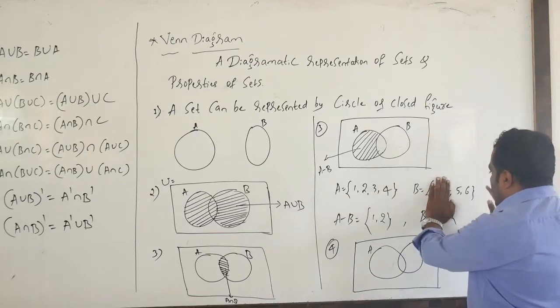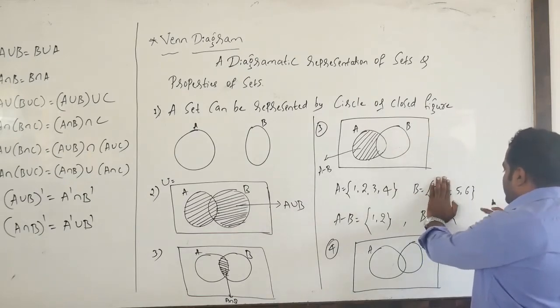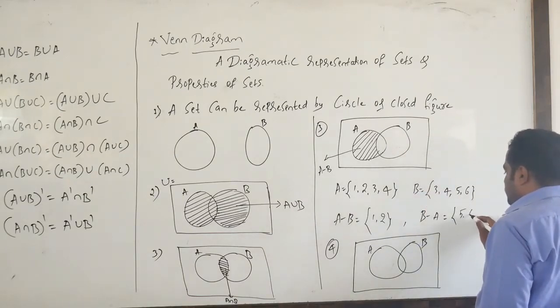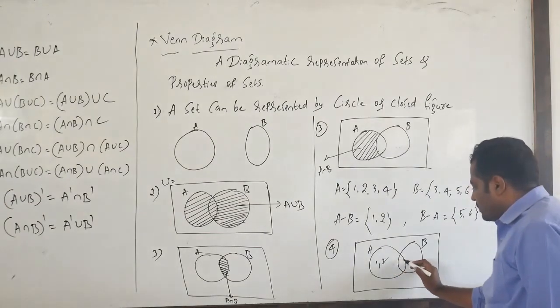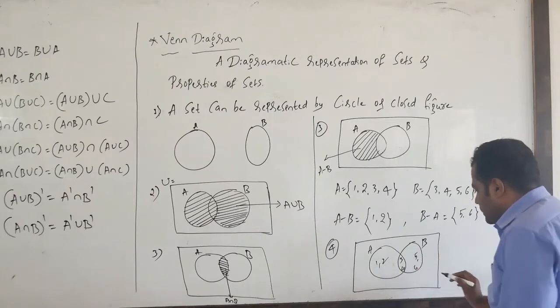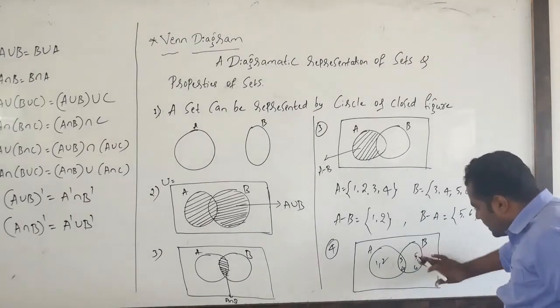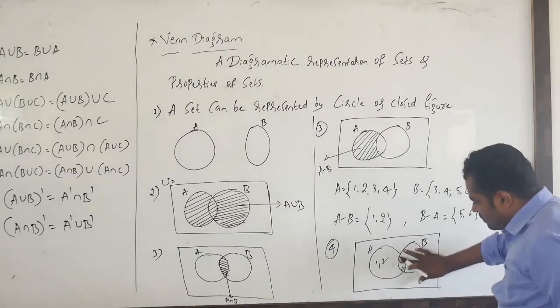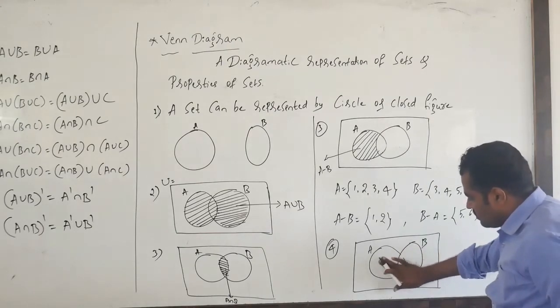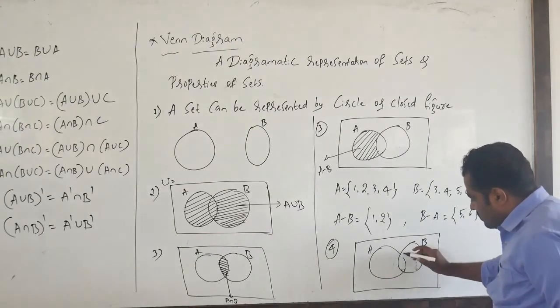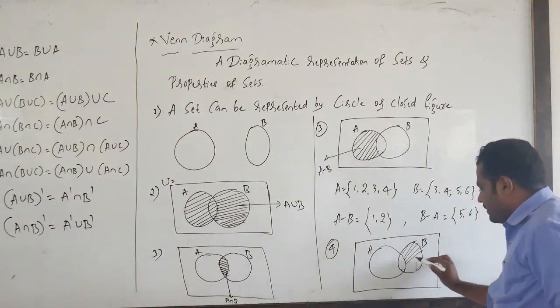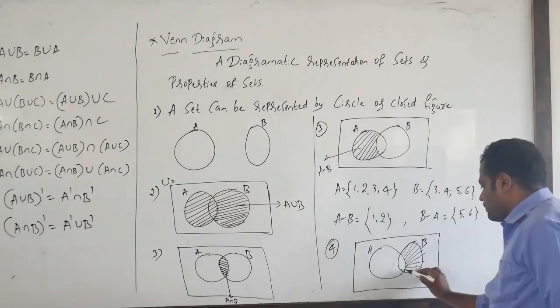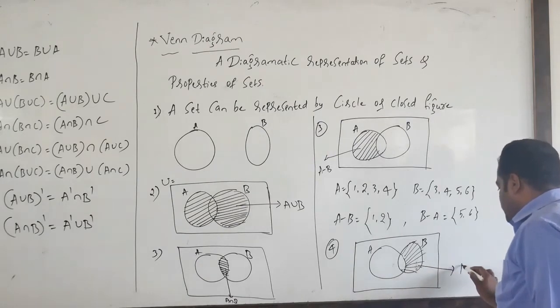Remaining elements of B are nothing but 5 and 6. Here 1, 2, common 3, 4, 5, 6. That is B minus A, nothing but this space. The shaded portion is B minus A.